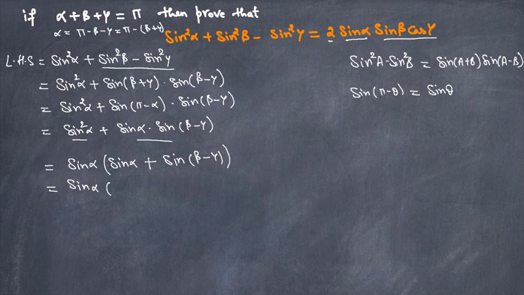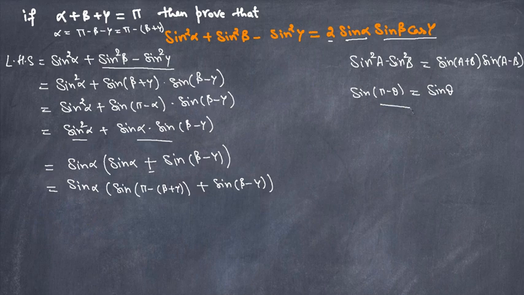So that's what we're going to do by playing with these functions. Sin α can be written as sin(π minus (β plus γ)), plus sin(β minus γ).